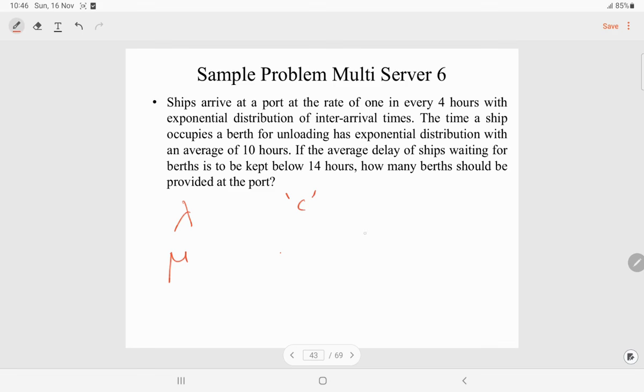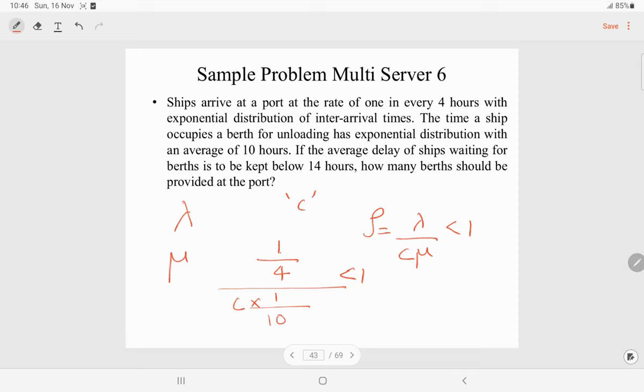For that, we need lambda and mu first, then we find C. Rho is equal to lambda by C into mu, which has to be less than 1. The lambda we got is 1 by 4, divided by 1 by 10 for mu, times C, and it should be less than 1.